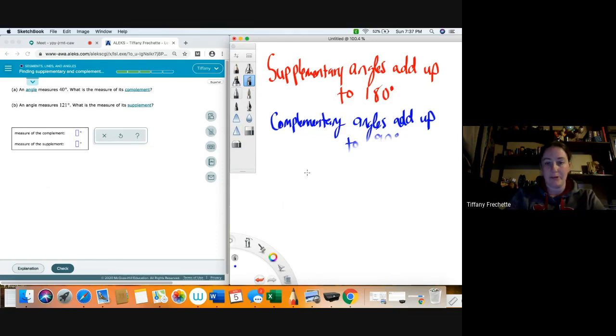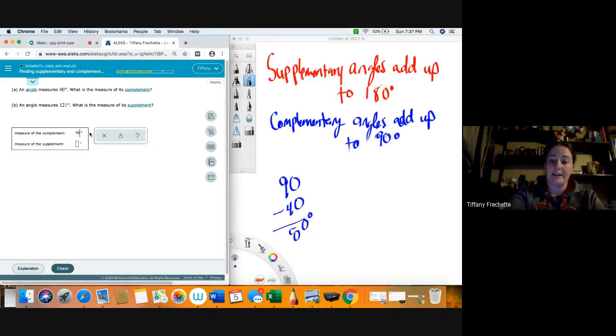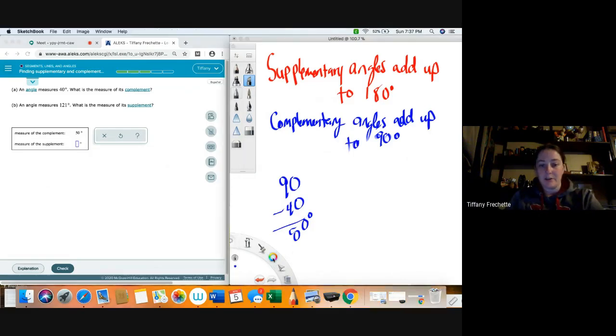Keep erasing just a little bit more of that definition there, and rewrite the definition just a little bit. All right, an angle measures 40 degrees. What is the measure of its complement? So we're starting with complement. Complement means they add up to 90. I'm going to subtract what they gave me, and that is the complement of 40, because 40 plus 50 gives you 90. All right, it says an angle measures 120 degrees. What is the measure of its supplement?